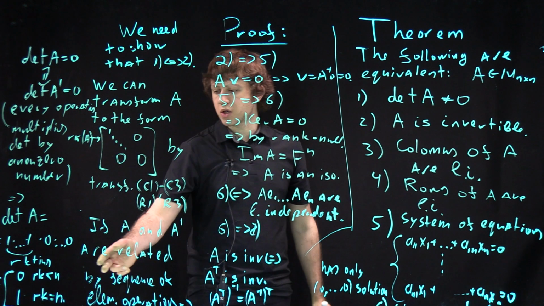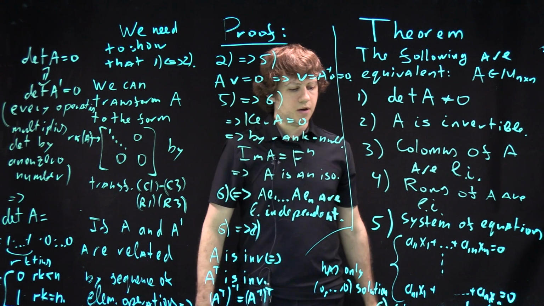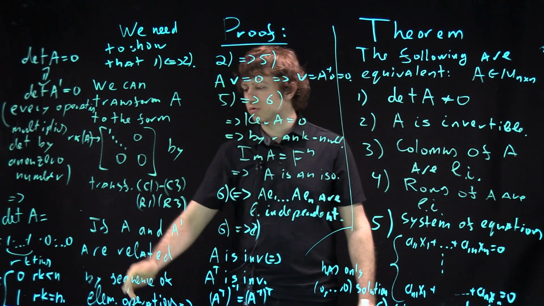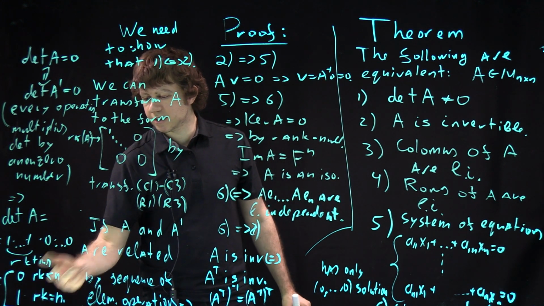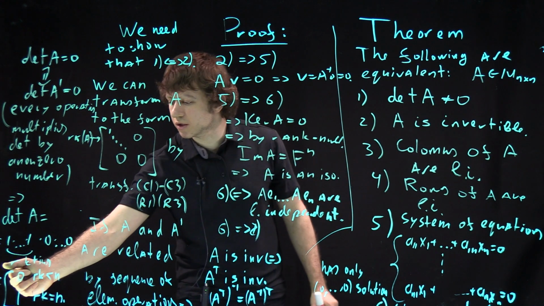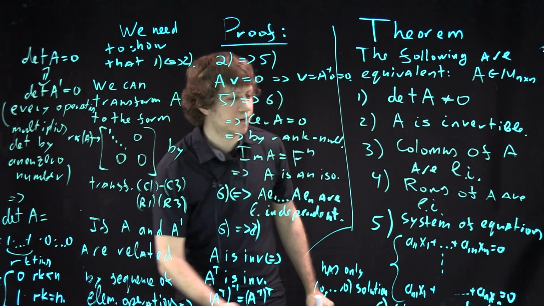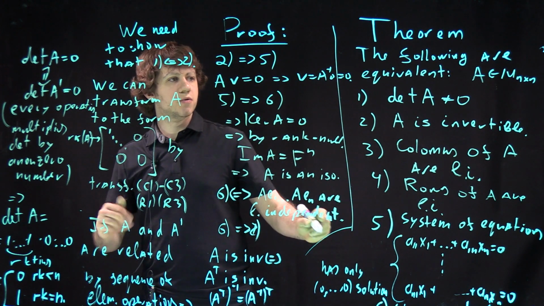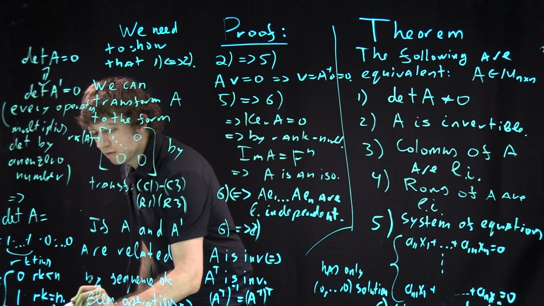But I remind you that rank is exactly the dimension of the image, and the dimension of the image for a map from a space to itself is equal to n if and only if the map is an isomorphism. So the determinant of A is not equal to 0 if and only if the operator is an isomorphism, and so 1 is equivalent to 6.